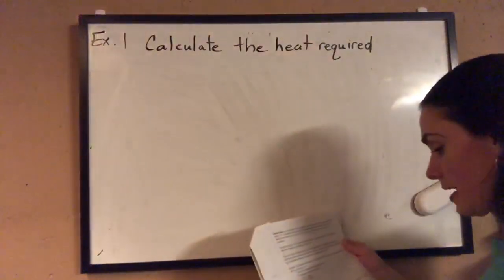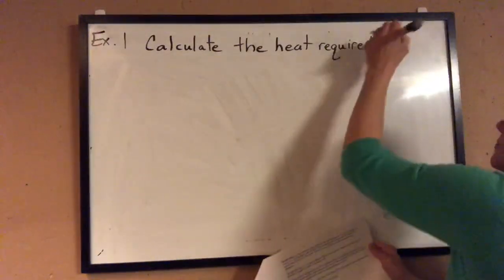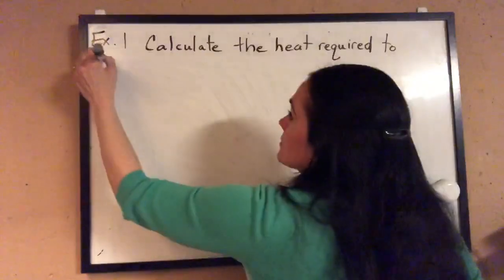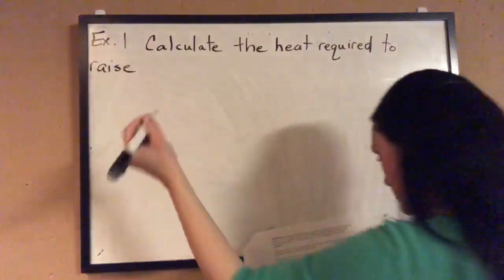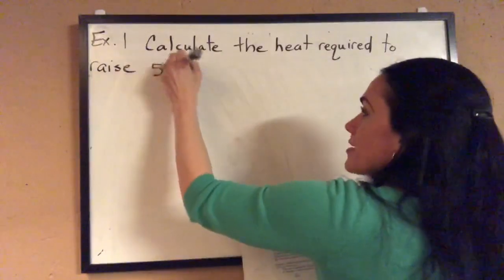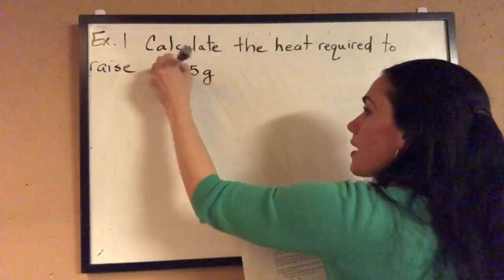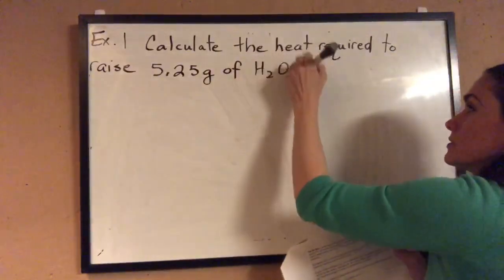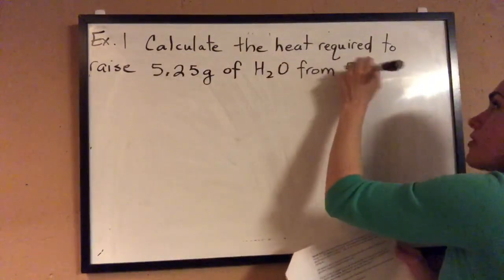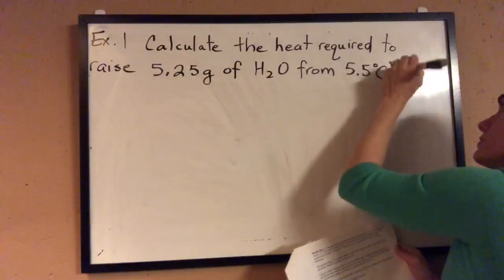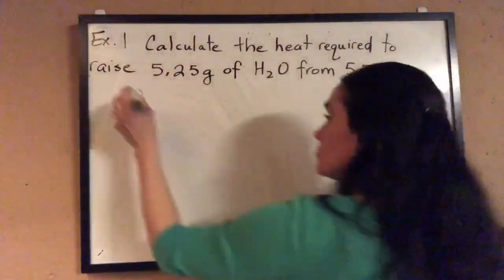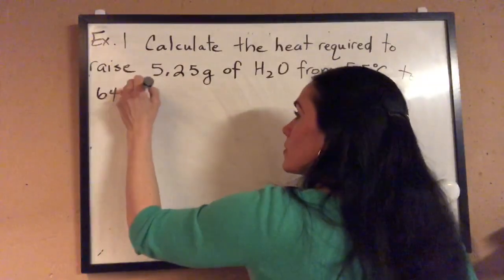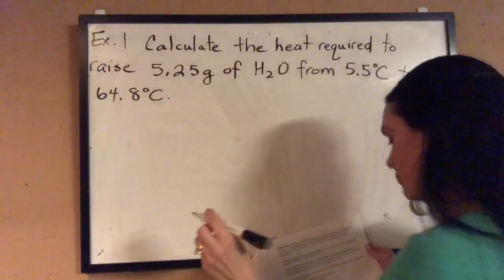So calculate the heat required to raise 5.25 grams of water from 5.5 degrees Celsius to 64.8 degrees Celsius.